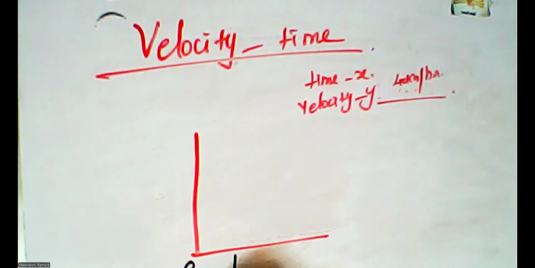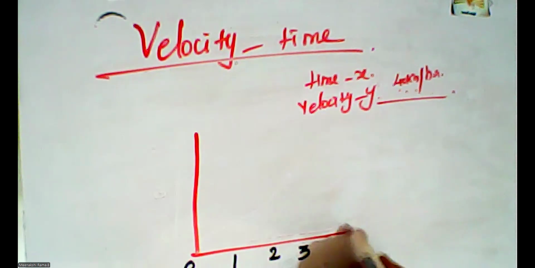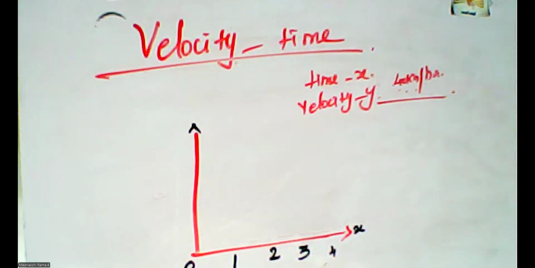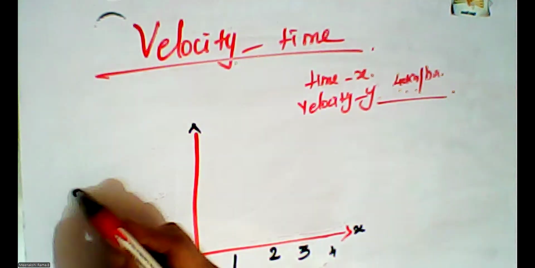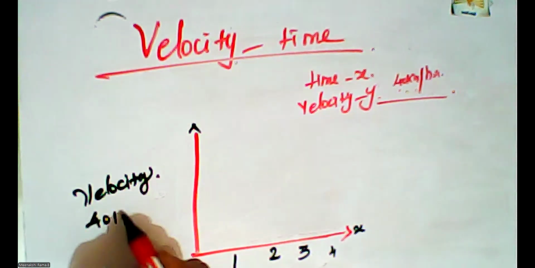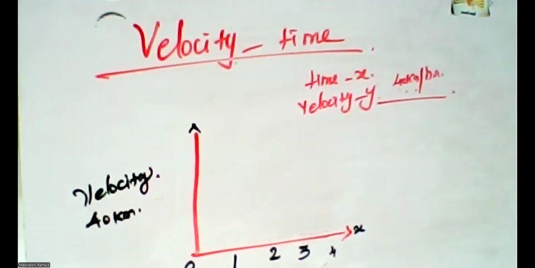On the x-axis, 0 hours, then 1, 2, 3, and 4 hours. On the y-axis, we write the velocity, that is 40 kilometers per hour. Okay, so this is time in hours. In the first hour, he crossed 40 kilometers.